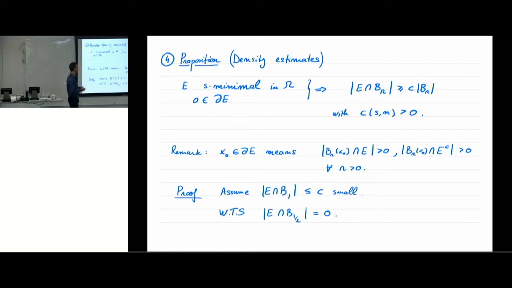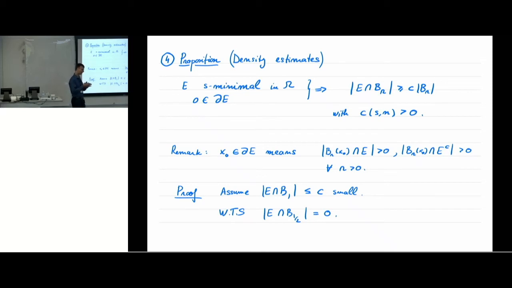Yeah. Okay, now let me say something about an important property, which are the density estimates. So the density estimate says that if I pick a point on such an S-minimal surface, and I look at balls around, centered at this point, yeah, then I see some fixed fraction in E and some fixed fraction in the complement of E. Yeah?